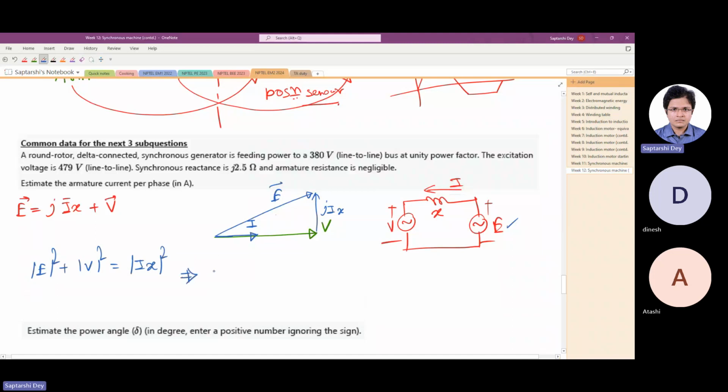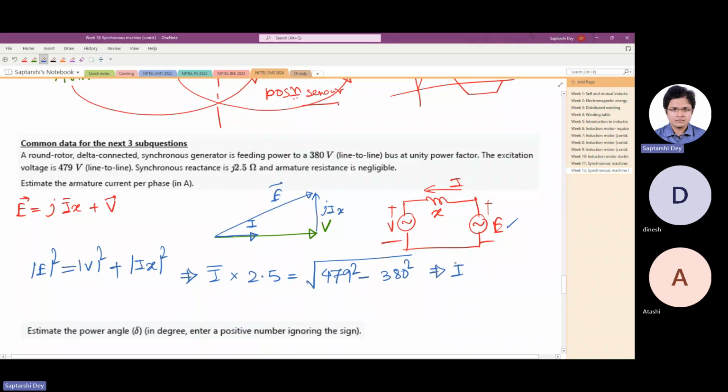So magnitude of I times 2.5, which is the reactance, is equal to E minus V. What is E? 479 squared minus 380 squared.